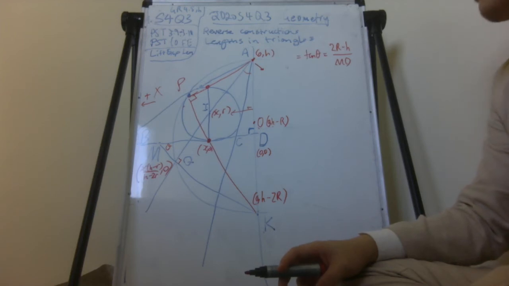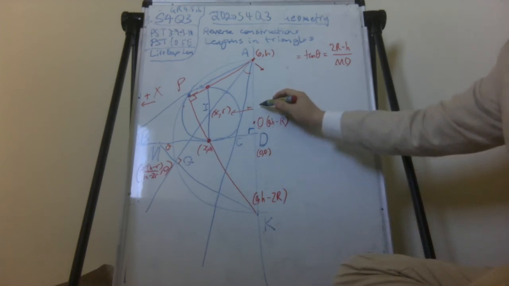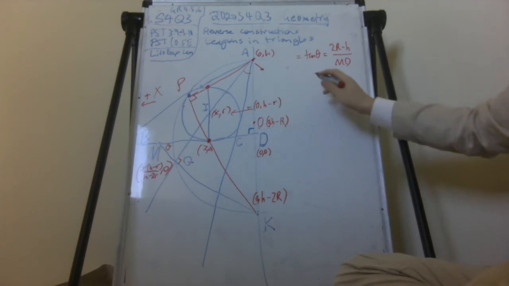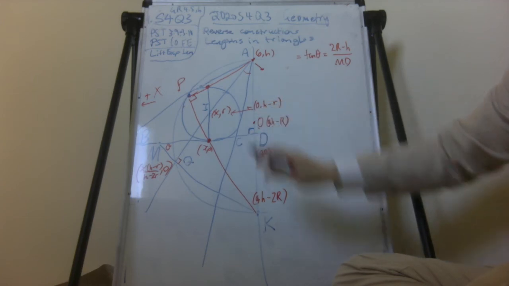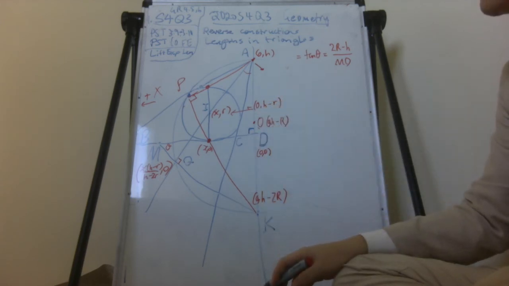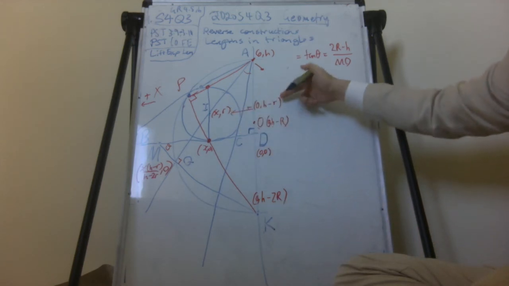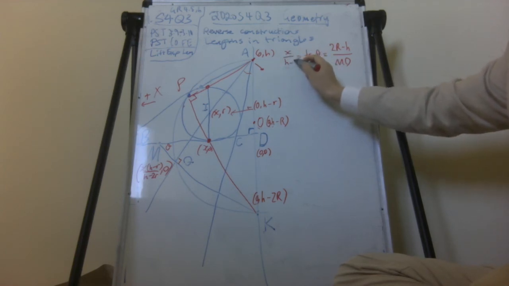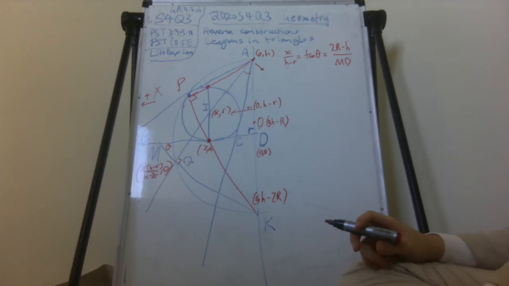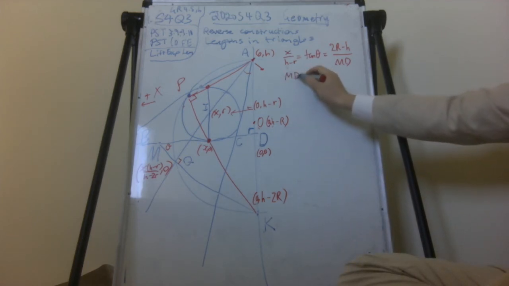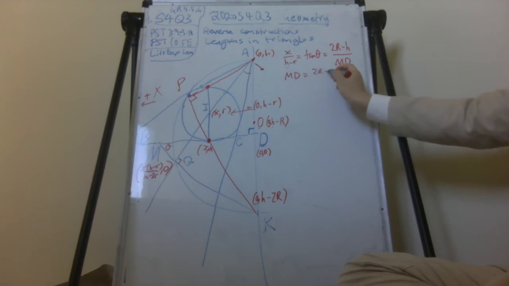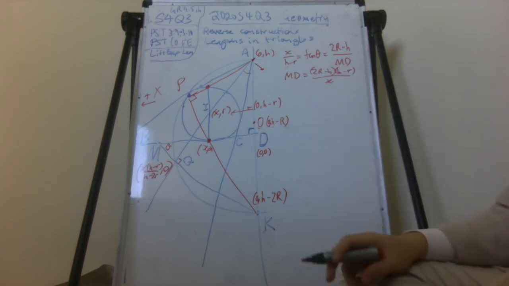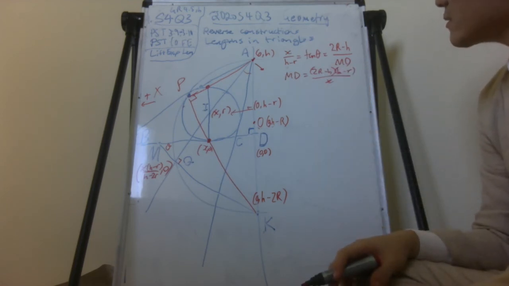H minus little r. So then tan theta is also equal to x on h minus little r. So you get the same thing: MD equals 2r minus h on x.